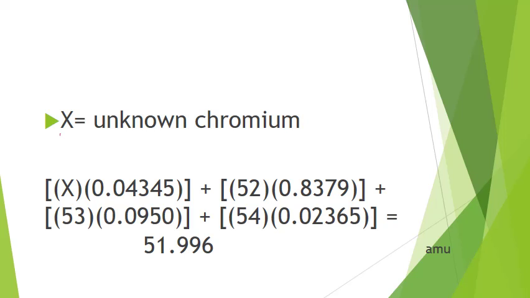So once again, our unknown is X, right? So we put that in here. So this is isotope 1, where we have an unknown mass and we know the percentage, which in this case was 4.345, so we turned it into 0.04345. And then we have isotope 2, which tells you that it is 52.